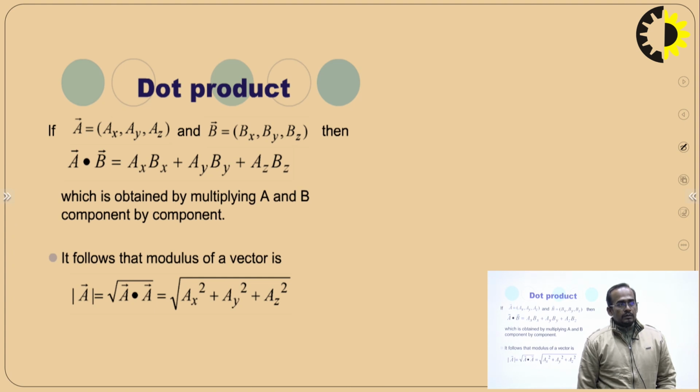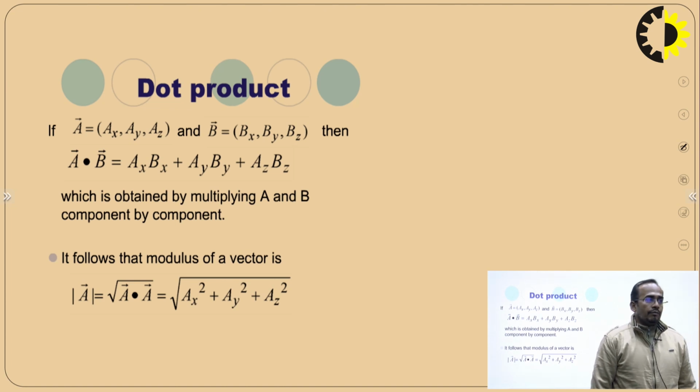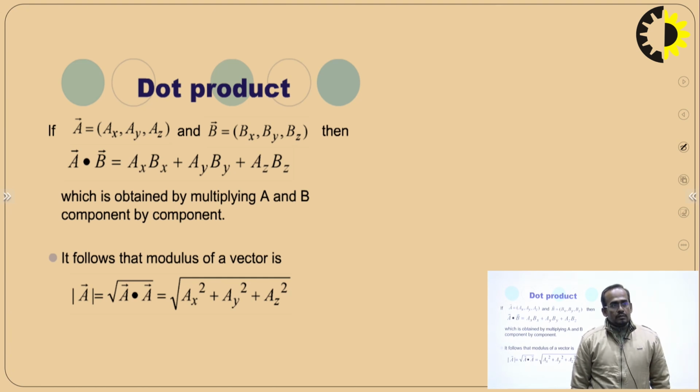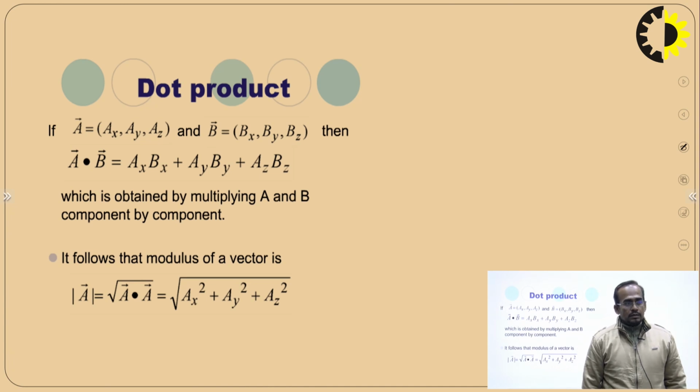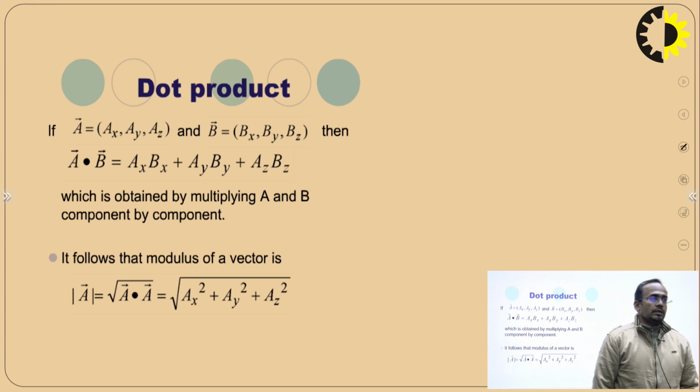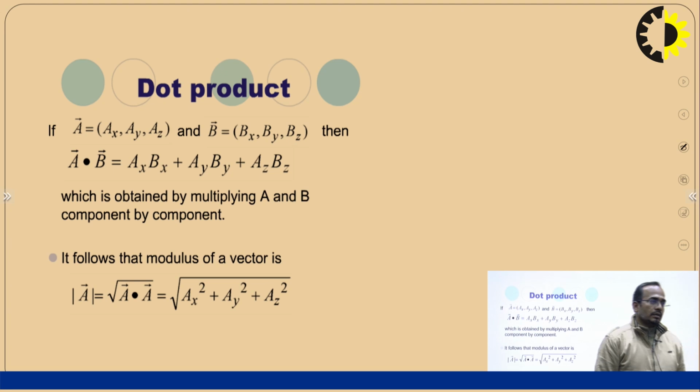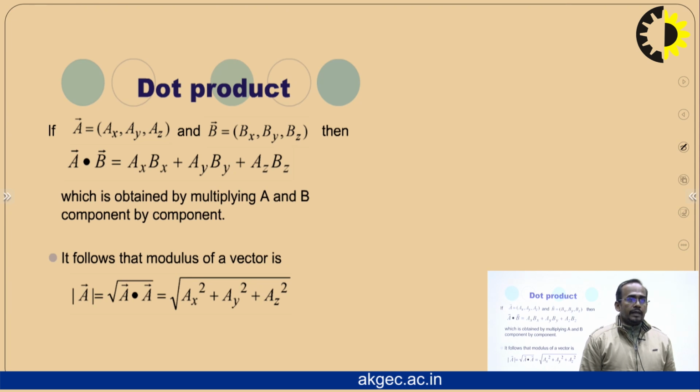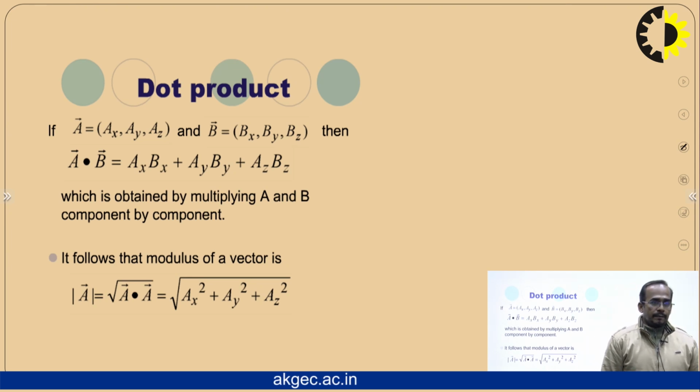Suppose there are two vectors, vector A and vector B. Vector A is written as Axax plus Ayay plus Azaz, and similarly vector B for the Cartesian coordinate system is Bxax plus Byay plus Bzaz. Here Ax, Ay, Az and Bx, By, Bz are the magnitudes of the vectors in the x, y and z directions.